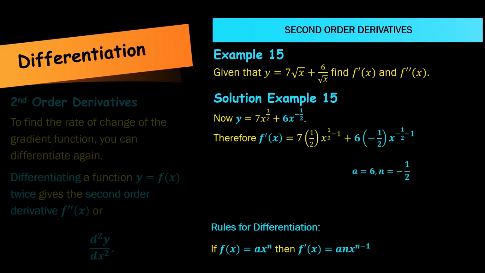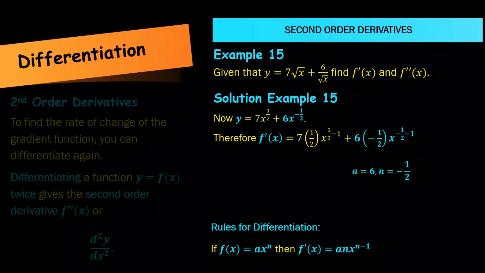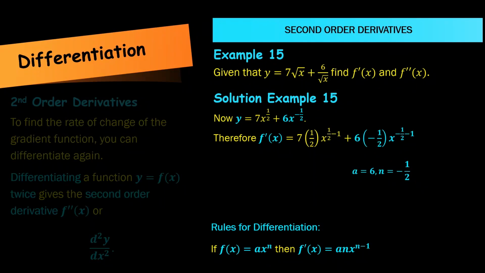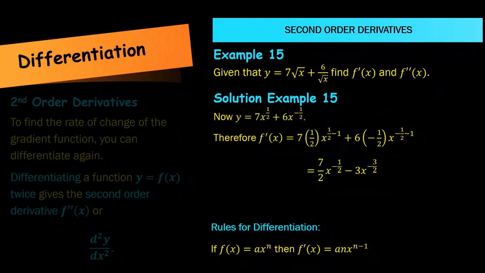Of course, we've simply applied the highlighted formula. And tidying up gives us 7/2 x^(-1/2) - 3x^(-3/2).